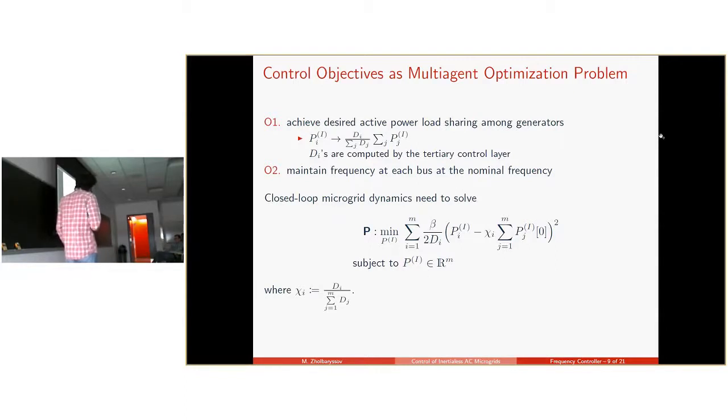To solve this problem, the closed-loop microgrid dynamics with included primary and secondary frequency controllers need to solve this multi-agent optimization problem, where each generator has a local cost, which is just a squared difference between its power output and its desired power output, which is a participation factor determined by the tertiary control layer times the total load plus the losses.